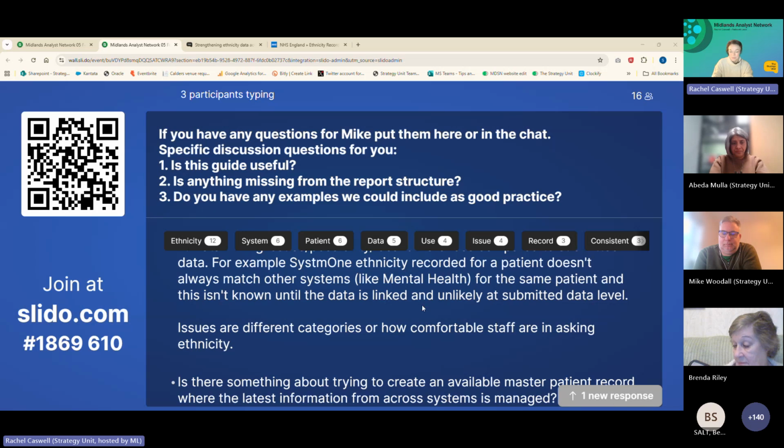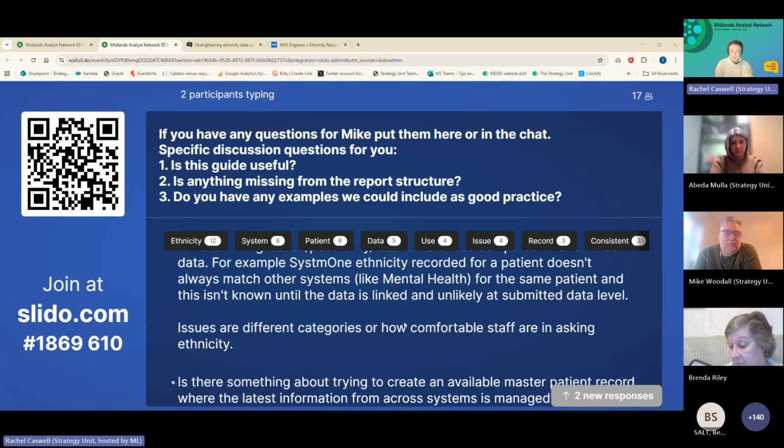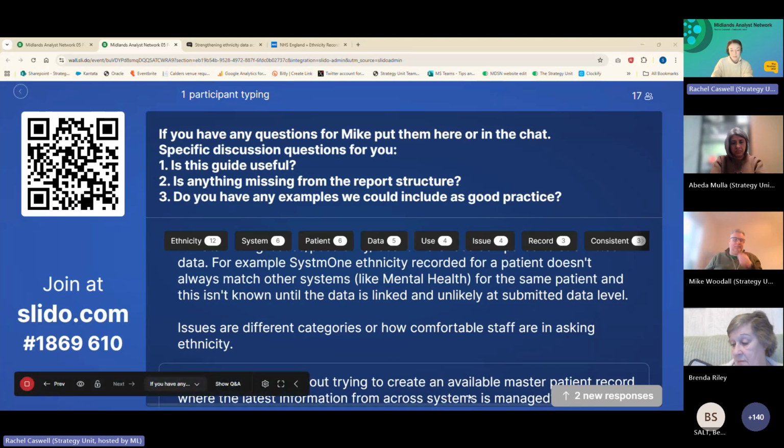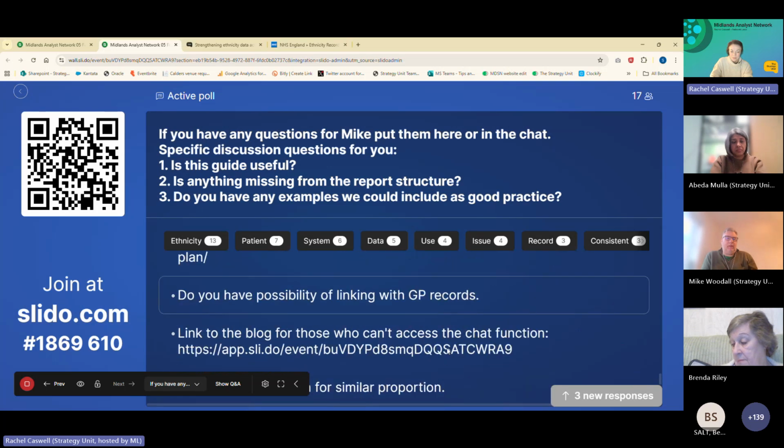Not just for the accurate coding of ethnicity, but for lots of other reasons. So that would be the ideal. That would be the gold standard. But there seem to have been over the years, and continue to be, so many reasons why it can't be done. But I imagine in some areas this is being achieved more than in other areas, so there might be some good examples of that.